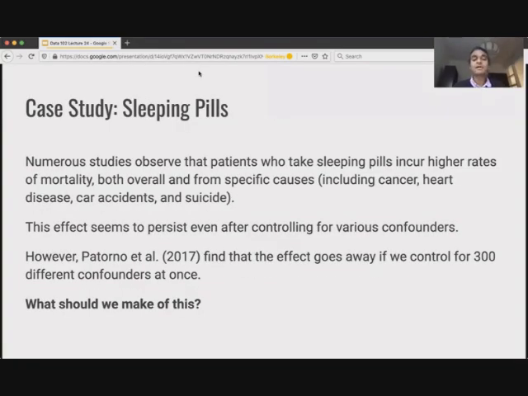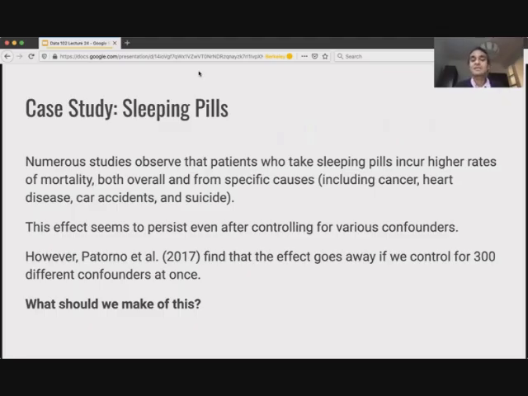In this video, I want to talk about another case study, which is a sleeping pill study from 2017. Actually, there's many studies before that have generally shown that people who take sleeping pills tend to have higher rates of mortality overall, and even if you just look at mortality from specific causes.